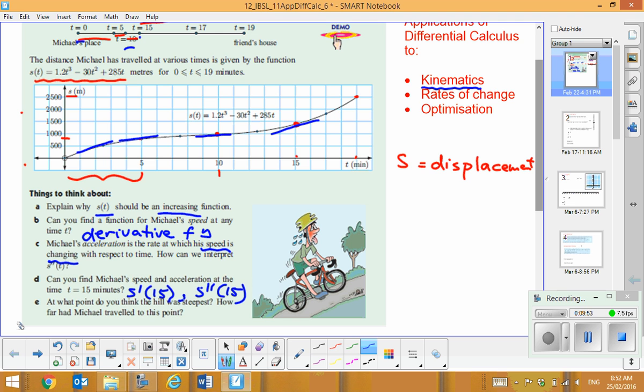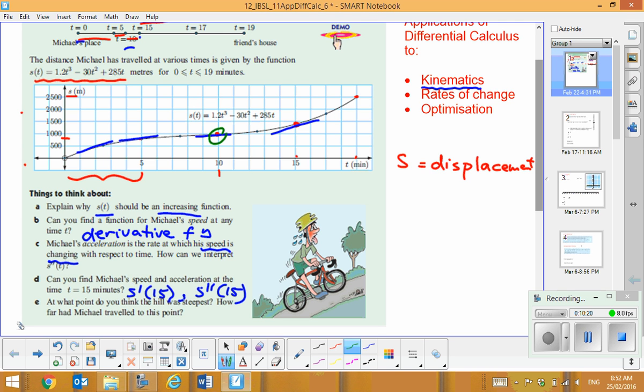At what point do you think the hill was the steepest? When he was going slowest. When he was round here where he was going the slowest, the hill was the steepest. Unless he likes to go faster up hills. How far had Michael travelled at this point? Let's say it's at 10. How far has he travelled? A kilometre.